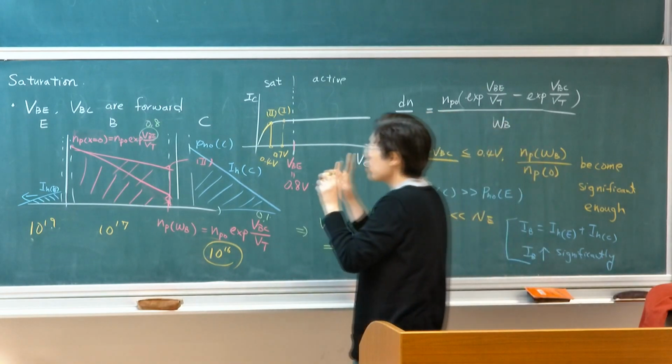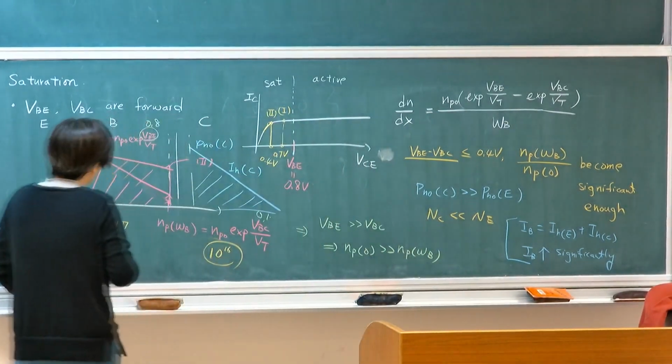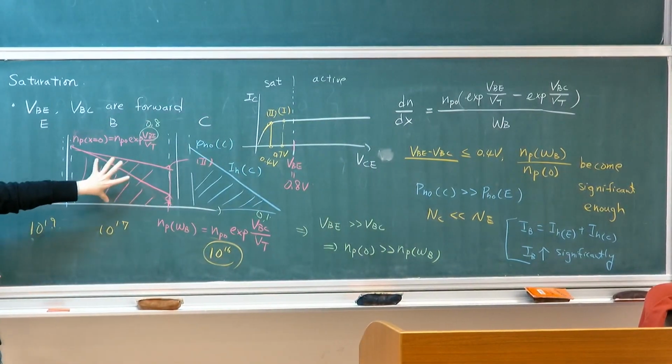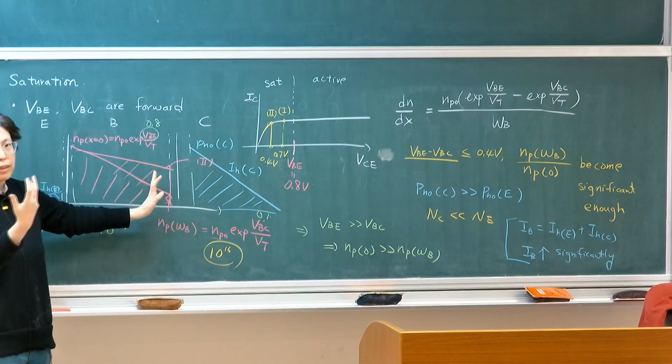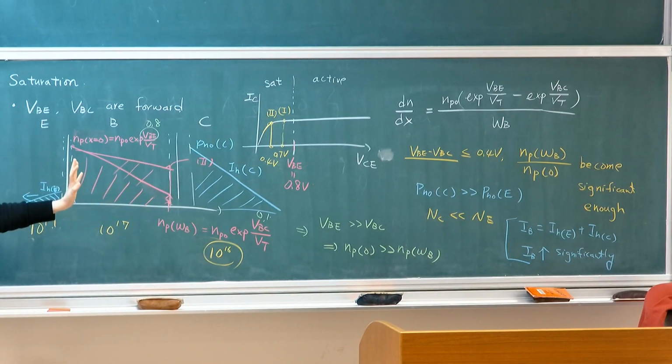This is one of the two effects. Once again, the reduction of gradients is one of the key features of saturation, along with the raise of minority carrier concentration at the back when we're pumping electrons from the back.